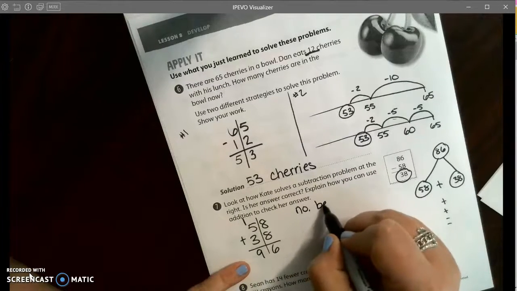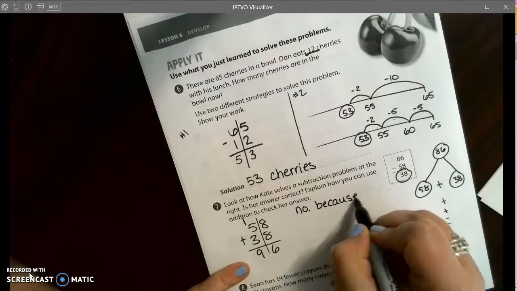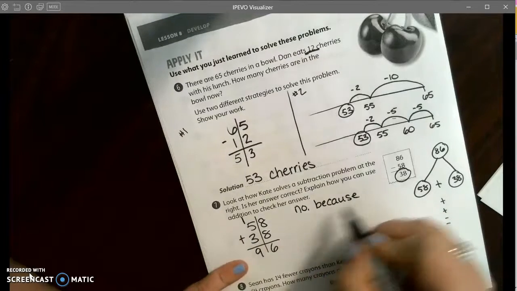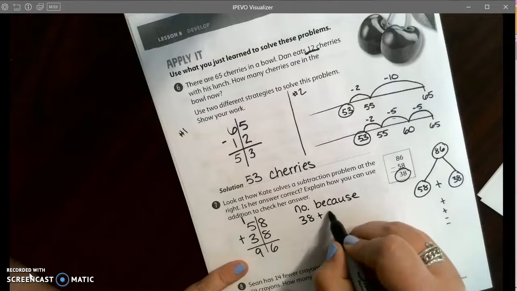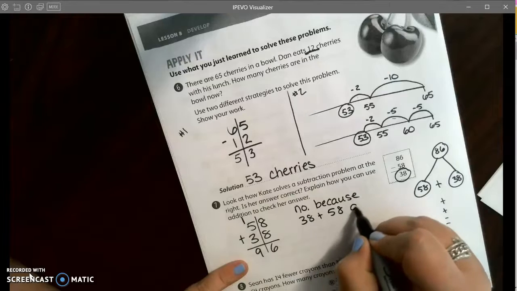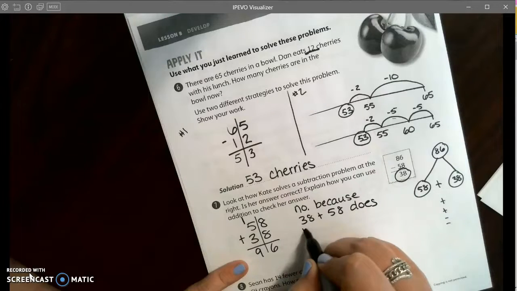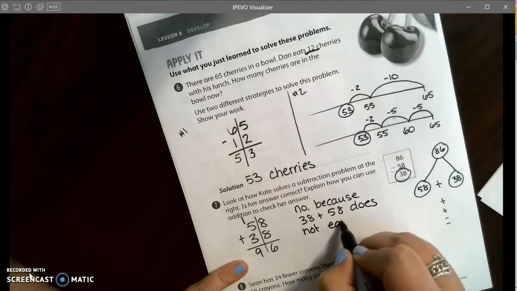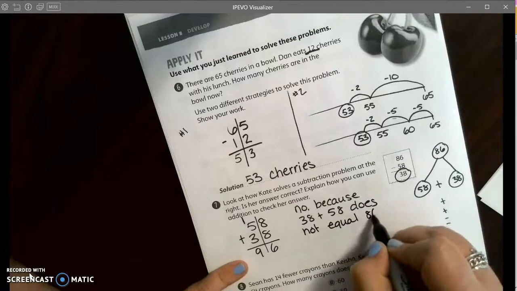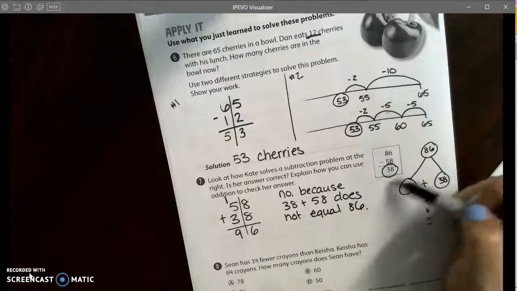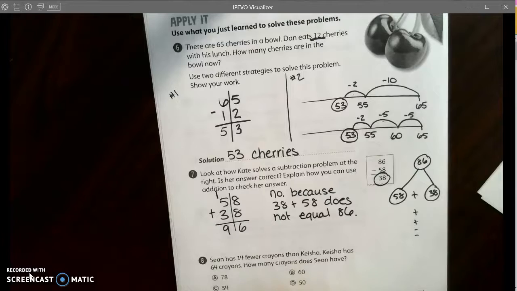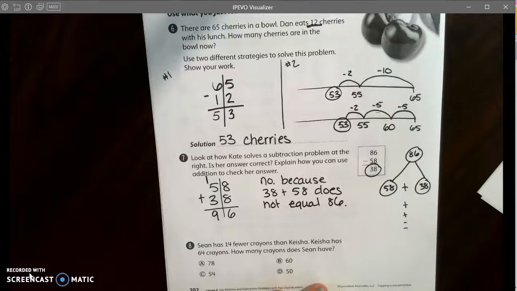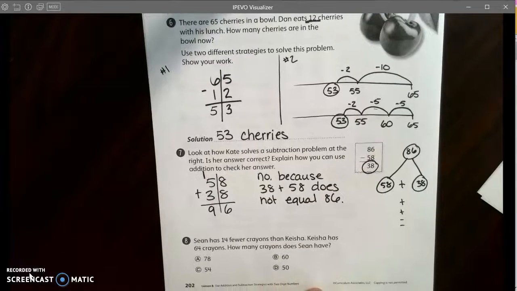Because it says addition, so we have to use this, because 38 plus 58 does not equal 86. Also, this is a great strategy that you can use to check your answers. Okay? You could also check your answers this way too by using addition.